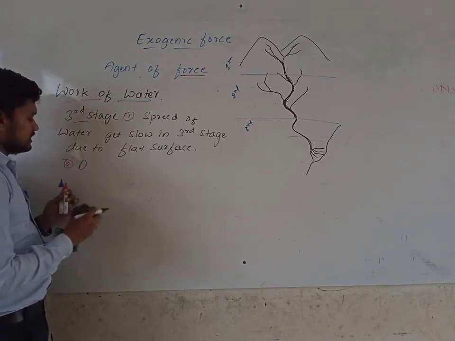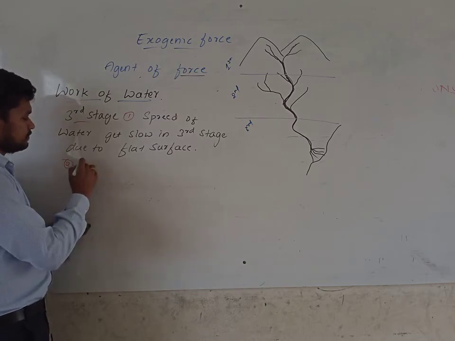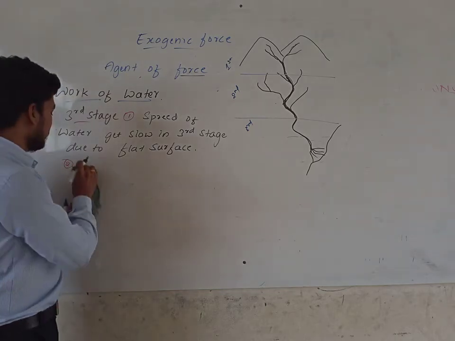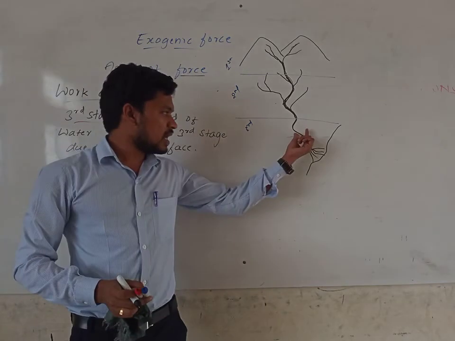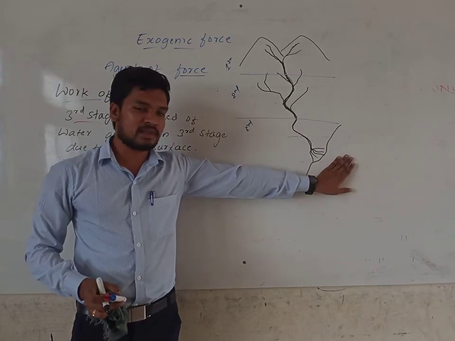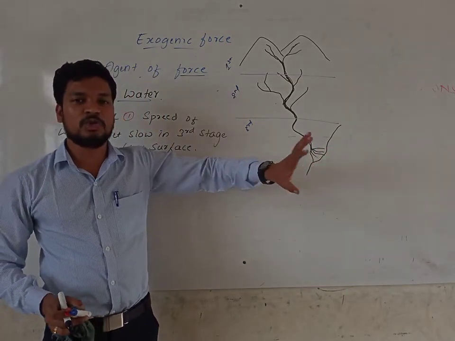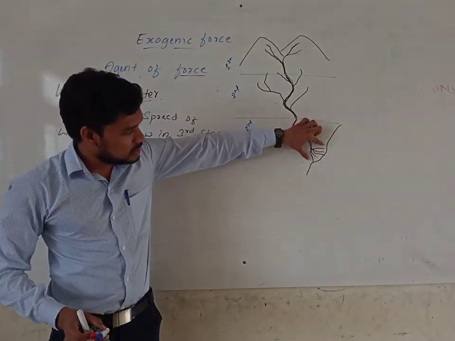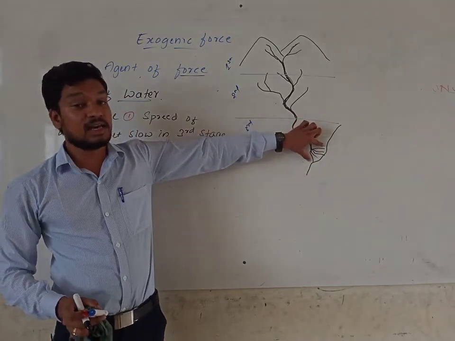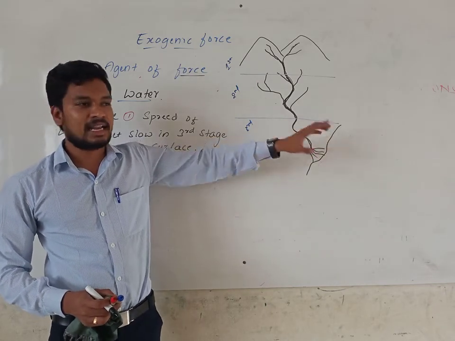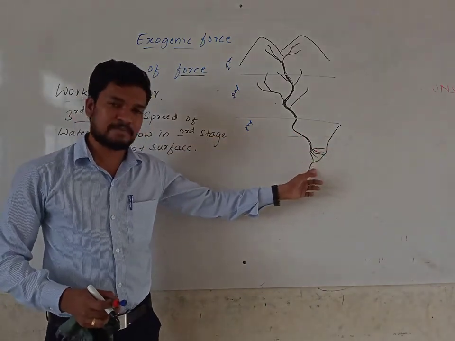So before discharging its water into the ocean and sea, it creates distributaries. The distributaries have more deposition of sediments, and alluvial soils are found over here.